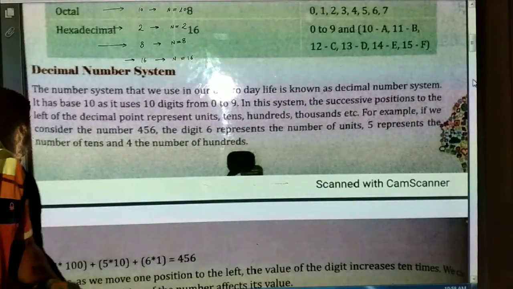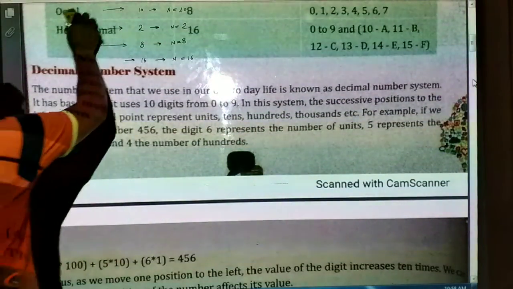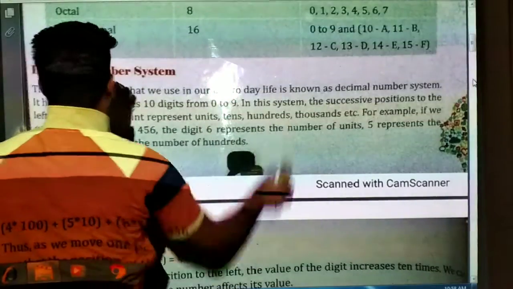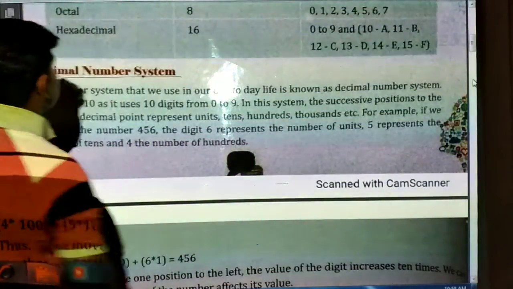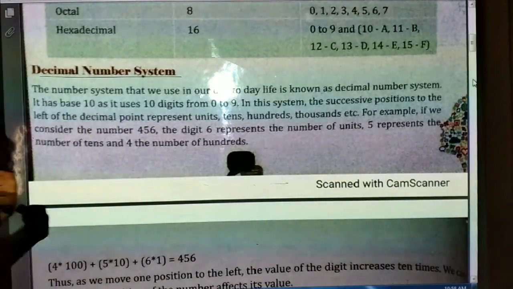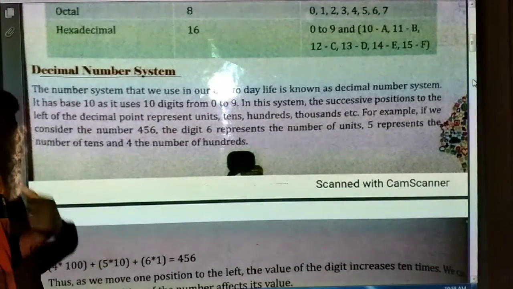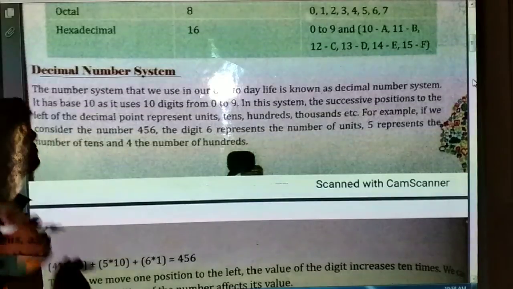Now we will further discuss the types of the number system one by one. So our first number system is decimal number system. जो पहला हमारा number system है वो कौन सा है? Decimal number system.